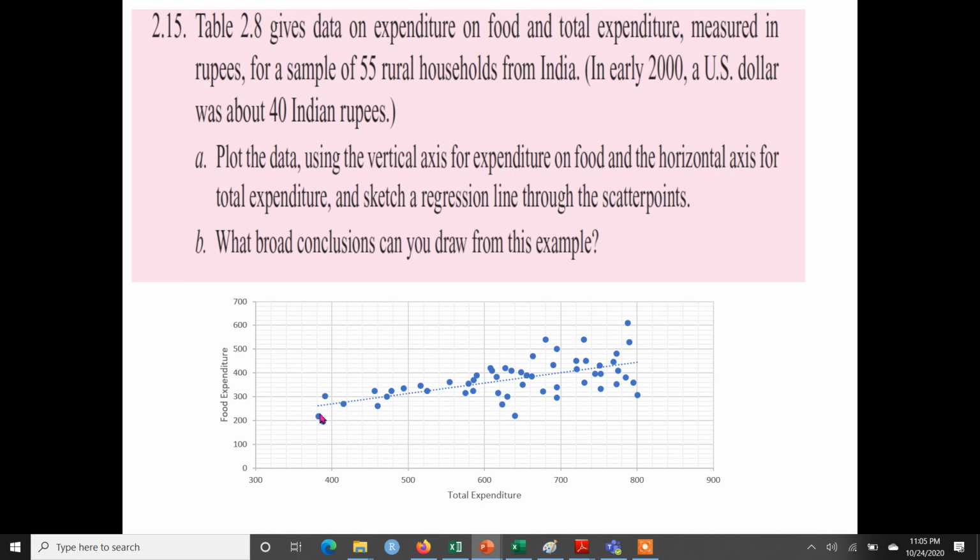It seems that there is a positive relationship between total expenditure and food expenditure, which means that if total expenditure increases, then there is an increase in food expenditure.